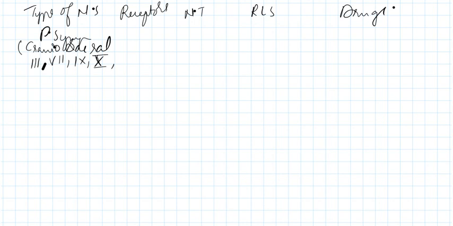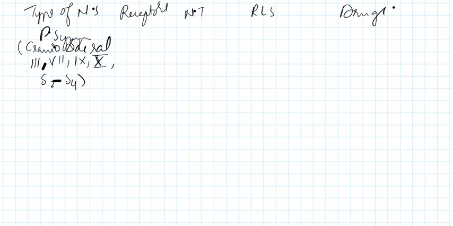Next S2 to S4. These are very, very important statements. Just remember. So what is the outflow of parasympathetic? Craniosacral of 3, 7, 9, 10 and sacral S2, S3, S4.